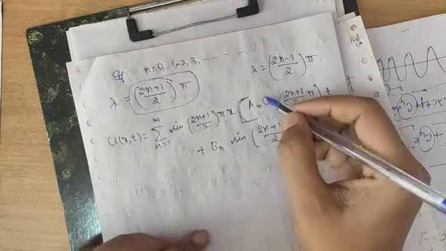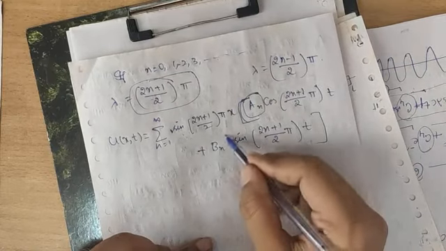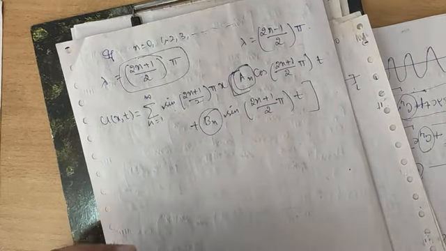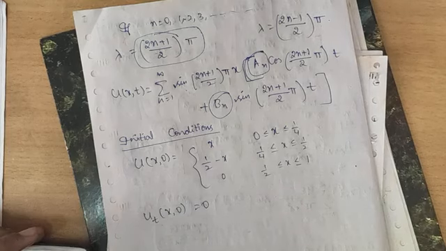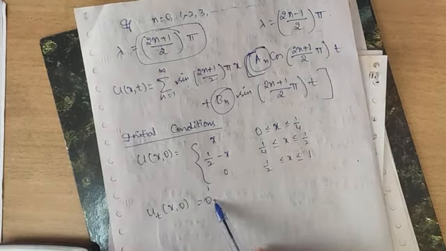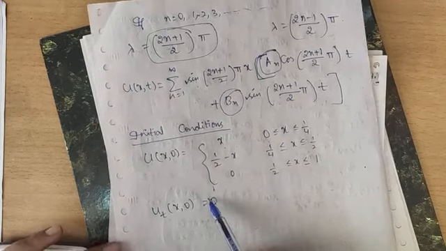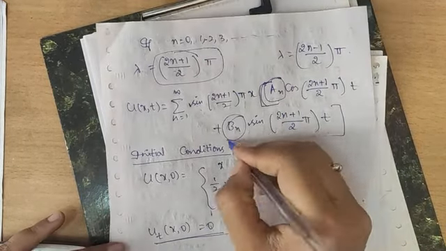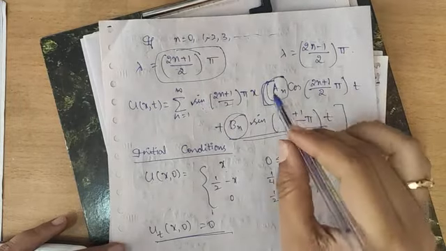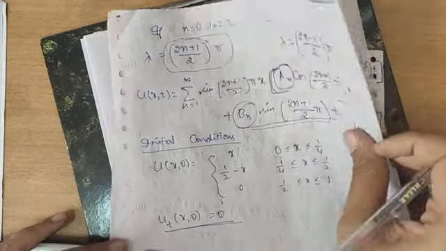Now my task is to find out an and bn. So for that we will use the initial conditions. This is your initial condition. So from this you can say that since ut of x comma 0 is 0, there will be no bn terms. You have to find out only an terms.